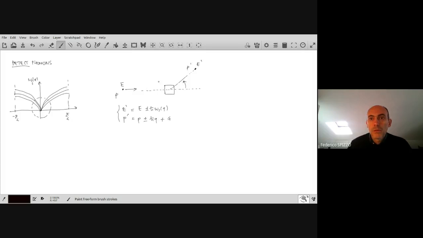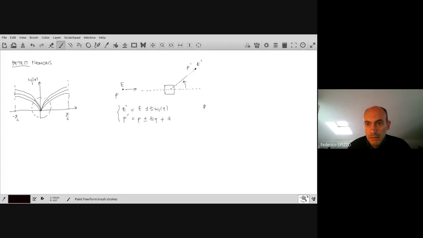So the point is now, what is the best probe to observe this interaction? Now, I will not go on in this discussion because it's a bit long, so it's better for me to conclude that tomorrow morning. But what I just anticipate is that I will consider two kinds of probes.